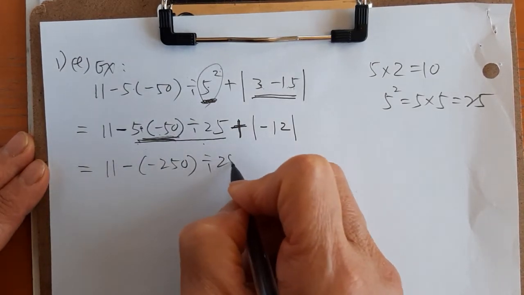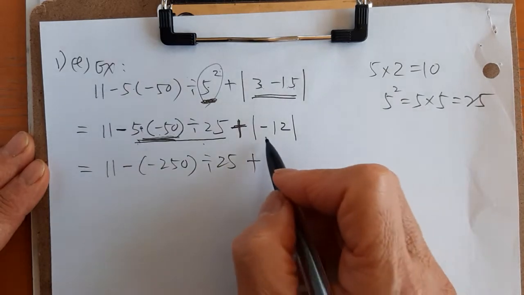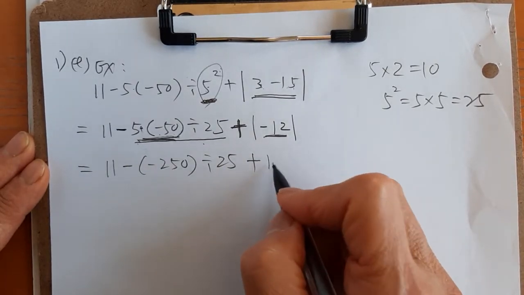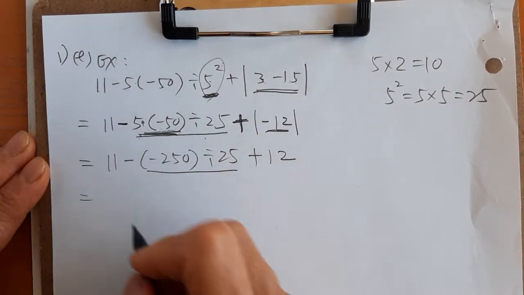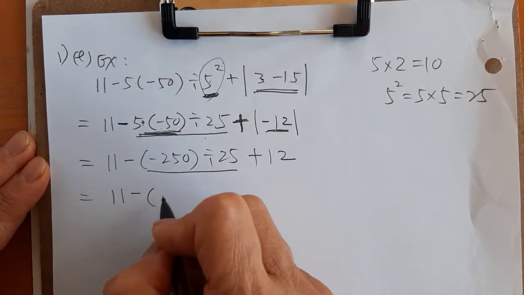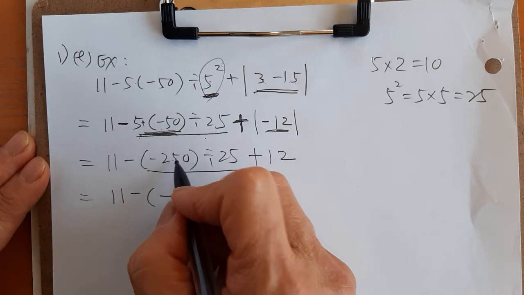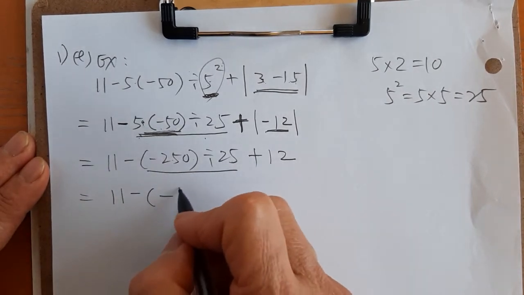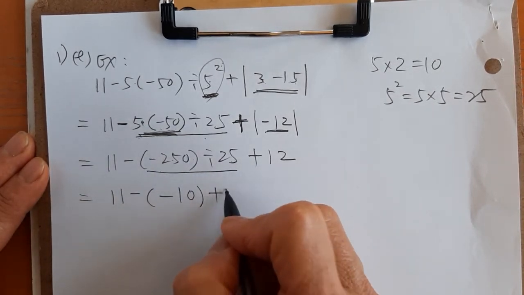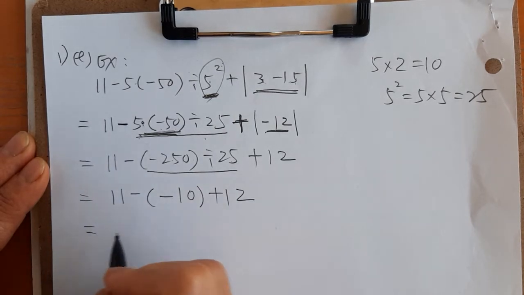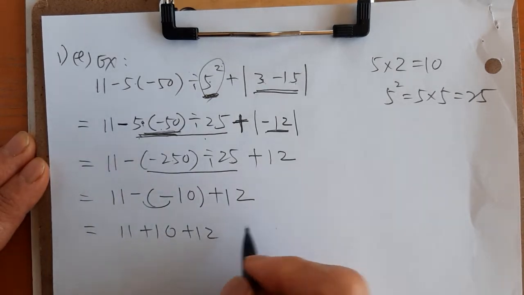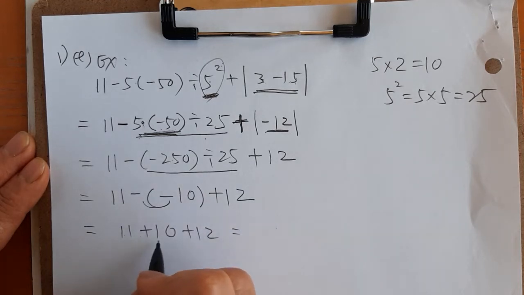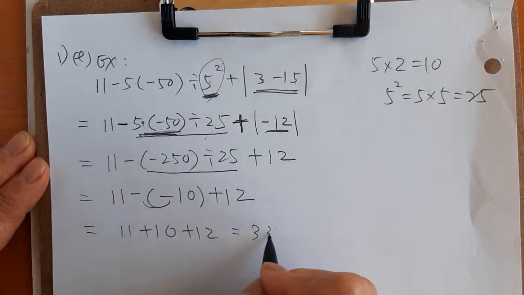Then divided by 25. The absolute value of a negative number becomes positive 12. Then do division. So it's 11 minus negative 250 divided by 25, which is negative 10. Then you add 12. Minus becomes plus. So add together, this one is 33.